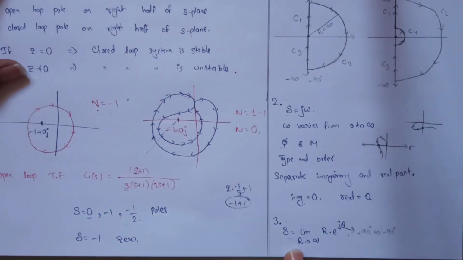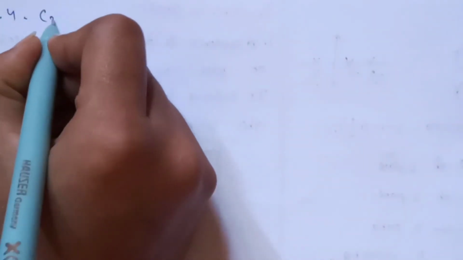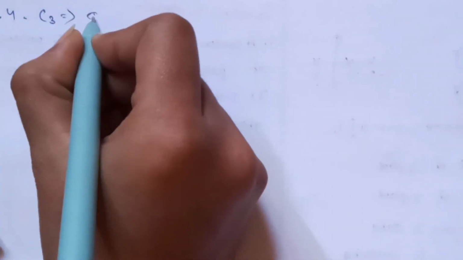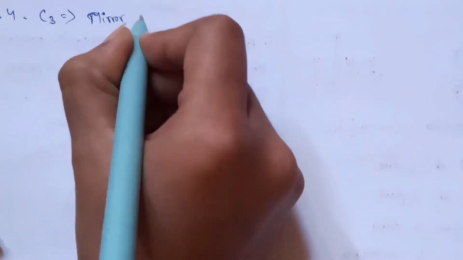In this step we will calculate the magnitude and phase, and we will again draw whatever diagram we are getting according to the magnitude and phase. So the next step, which is step 4, is to get the diagram of C3, right? We can get the diagram of C3 by taking the mirror image of C1. It is the mirror image of C1.